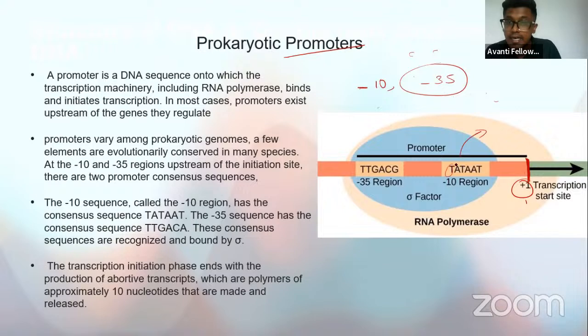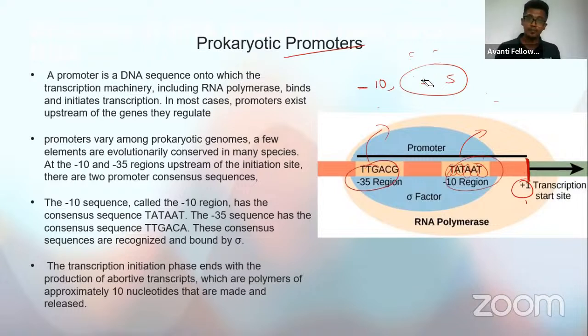What is there? TATAAT. So that particular sequence is conserved. And next, what do we have here? We have in the -35 region TTGACG. This is the same sequence you can come across in all prokaryotes. And these sequences, the -10 region and -35 region, are called the promoter sequence.